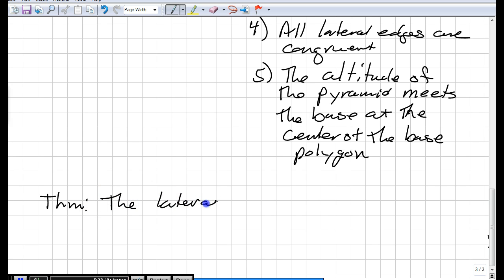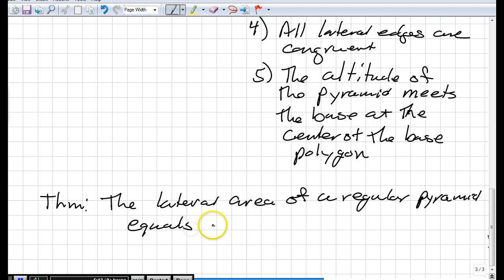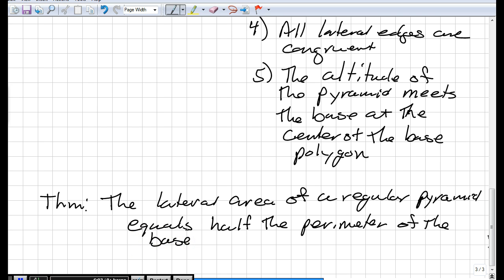The lateral area of a regular pyramid, and notice it must be a regular pyramid, equals half the perimeter of the base times the slant height.